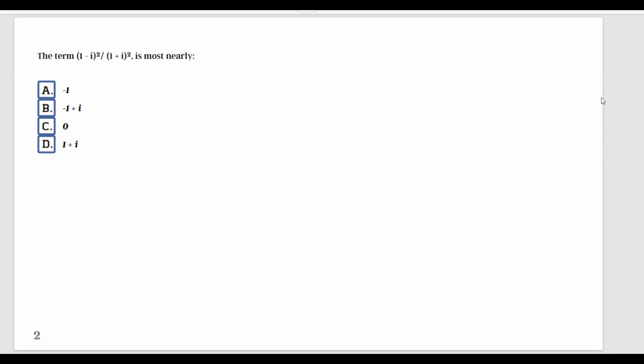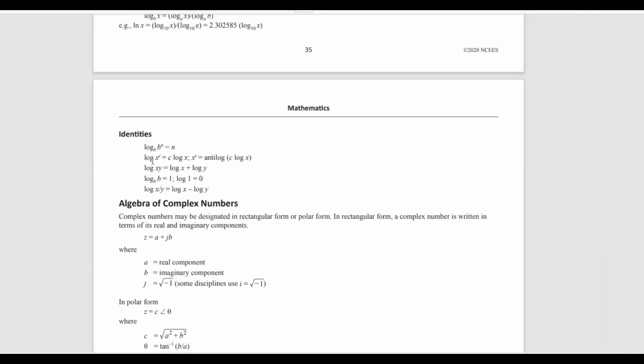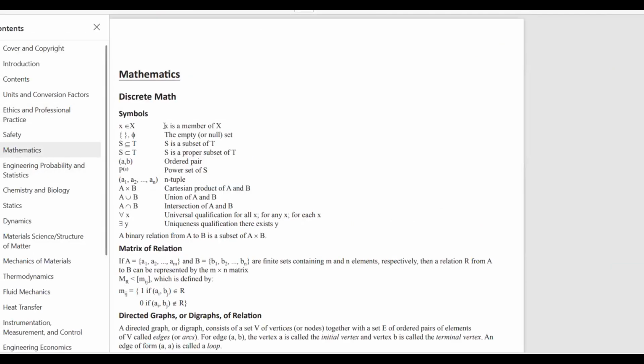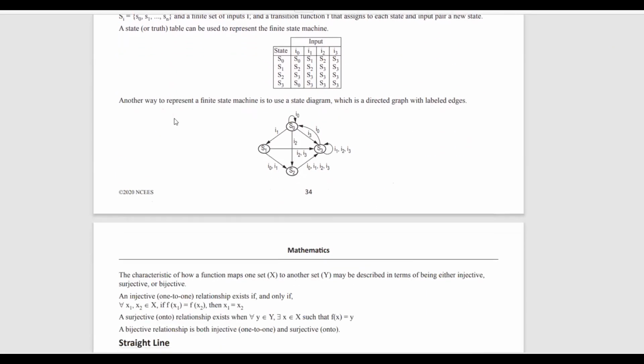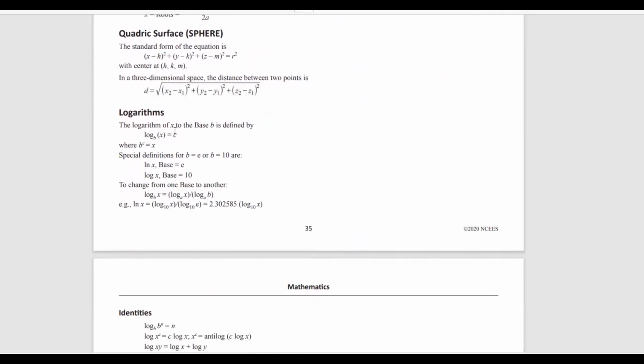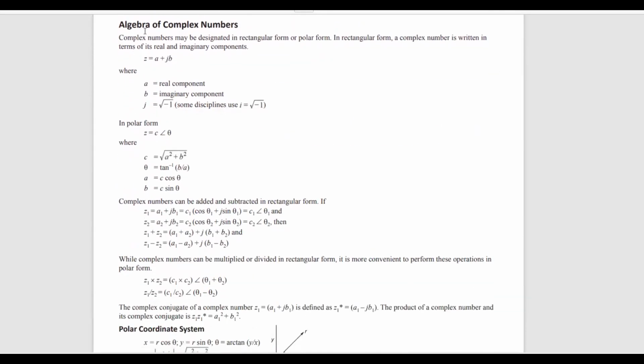When it comes to complex numbers, the basic thing to know is that i equals the square root of minus 1. This is not something you have to memorize. It is given in the FE handbook under mathematics, or you can search complex numbers and it will take you to the algebra of complex numbers.